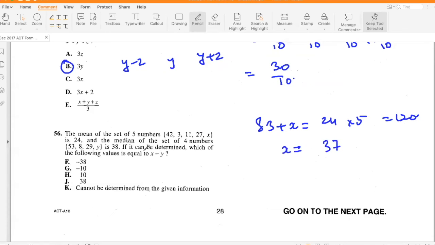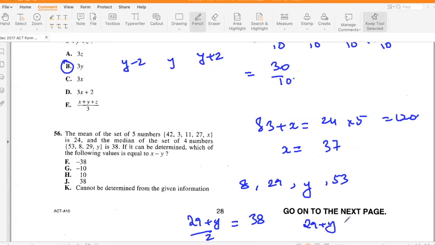Okay, for the 4 numbers, the median is 38. So I'll put them as 8, 29, and 53. So y should be here, because the median would be 29 plus y by 2, on the middle two numbers, which is 38. So 29 plus y is 76.